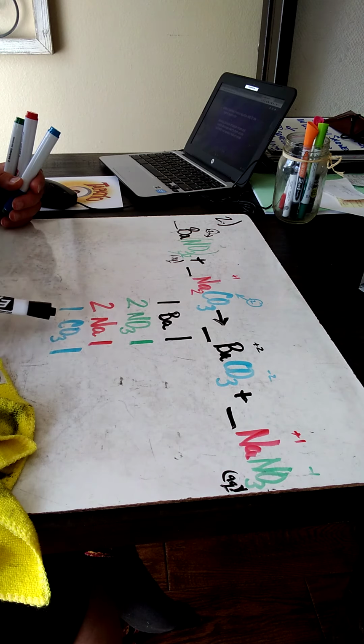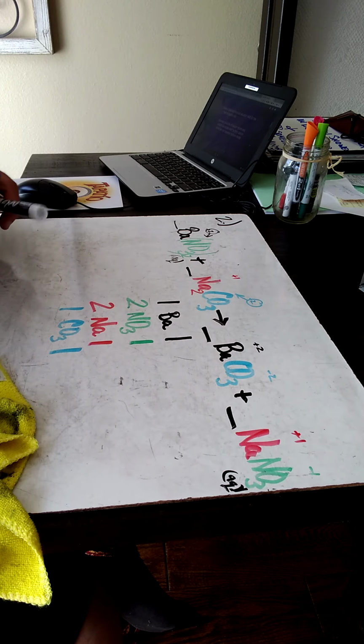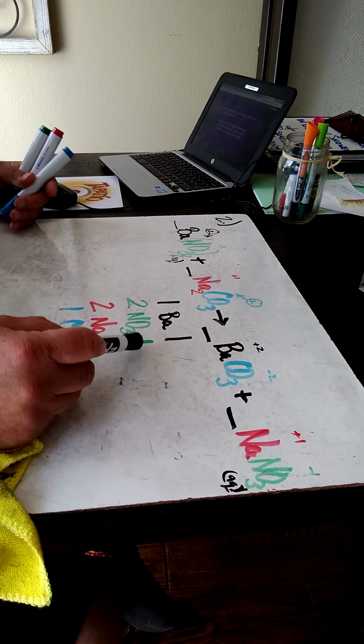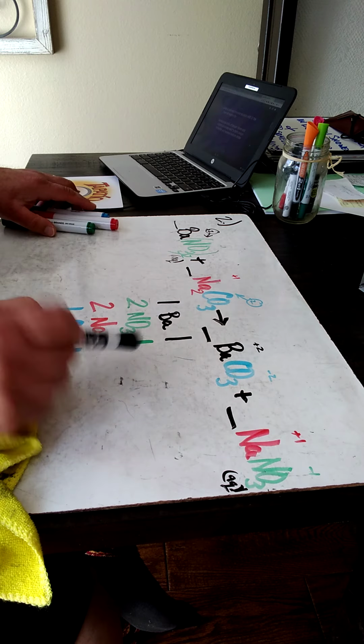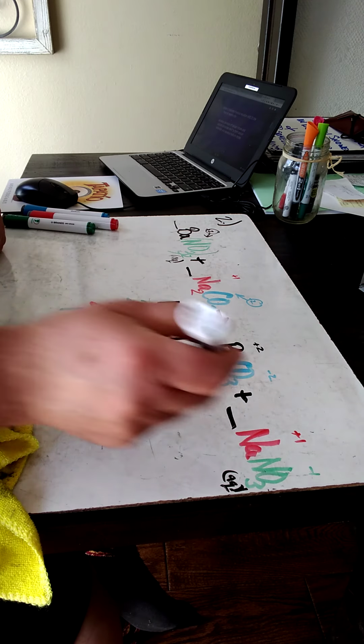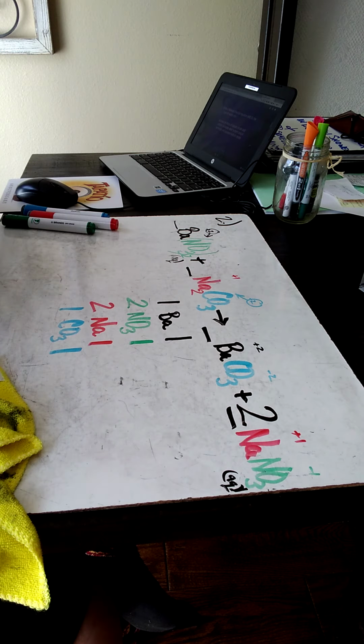All right. So our bariums are good. Our nitrate and our sodium are the numbers that are off. Our carbonate's good. So we need to change our nitrate and our sodium right here to 2 so that it equals. So we're going to plug a 2 in as a coefficient over on the product side where it has sodium nitrate.